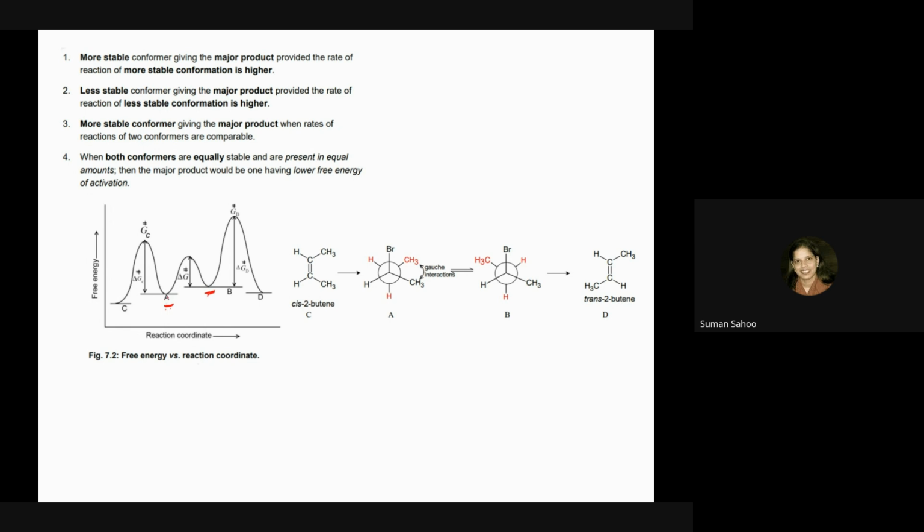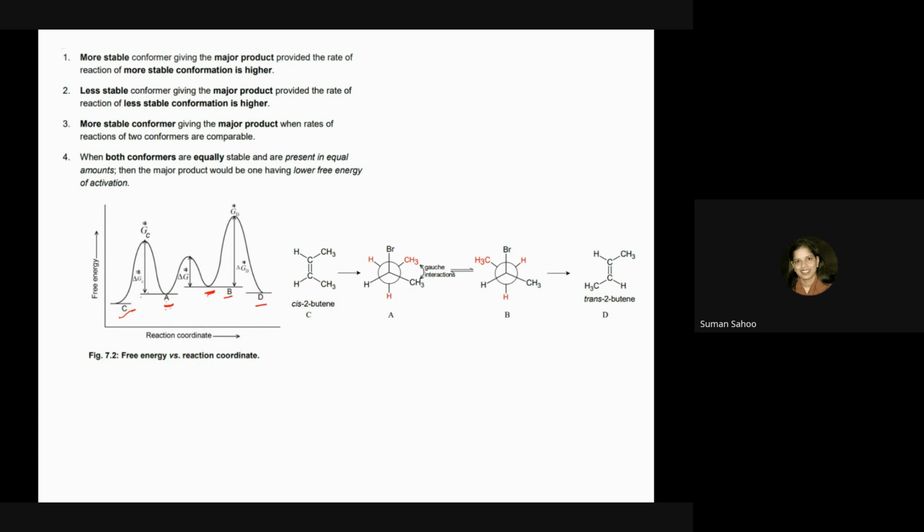Conformer A gives you product C and conformer B gives you product D. As you see, conformer A to C requires less energy as compared to B to D. So the major product would be from your conformer A.